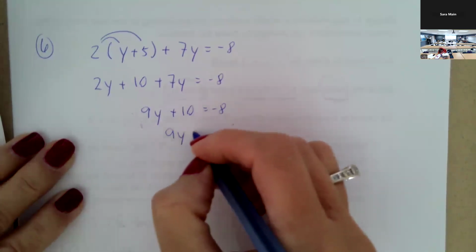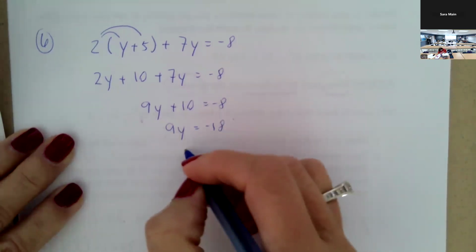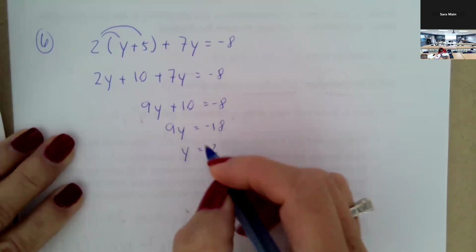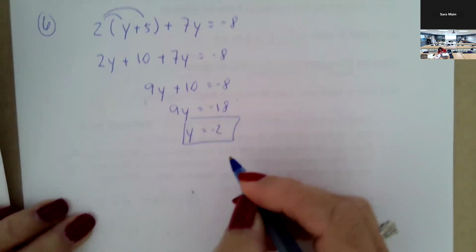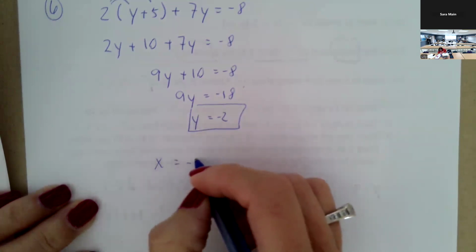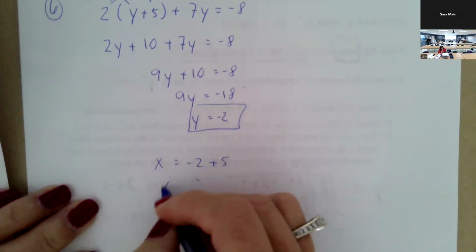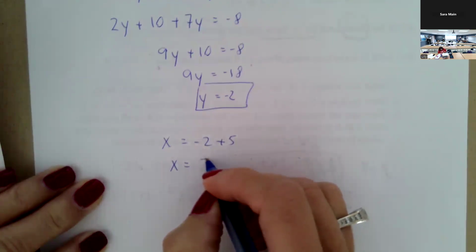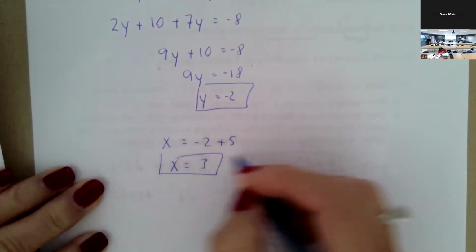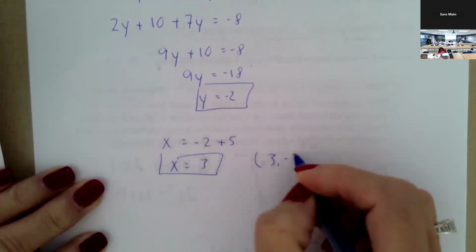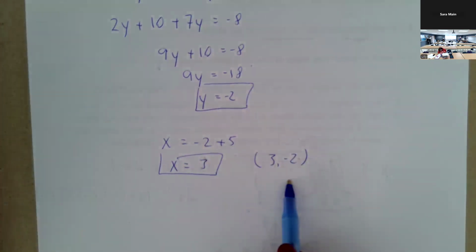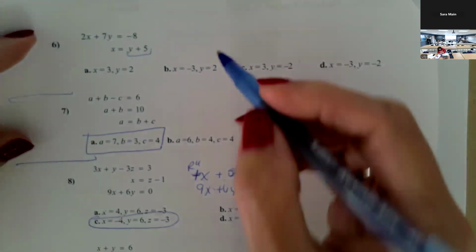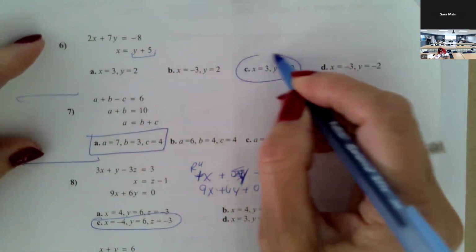So 9y equals a negative 18, so y equals a negative 2. And if that is true, then x must be 3. So the solution must be 3 and a negative 2, which appears to be letter C.